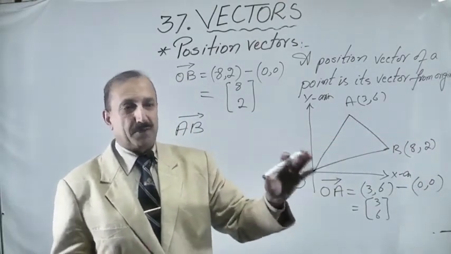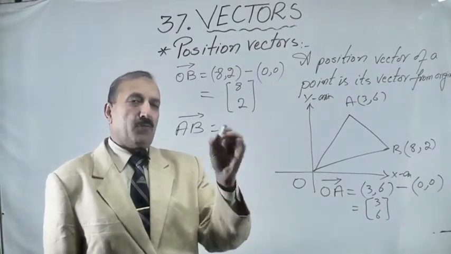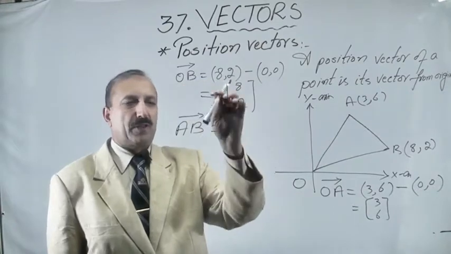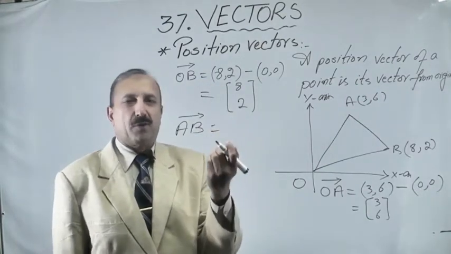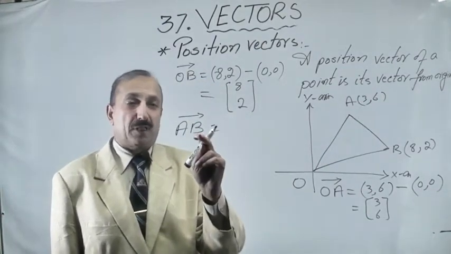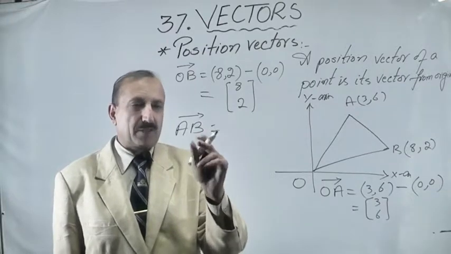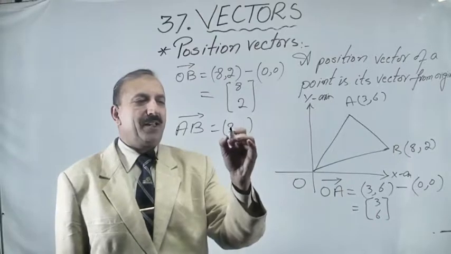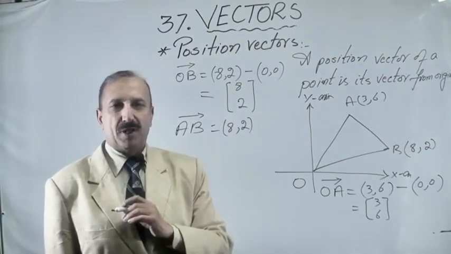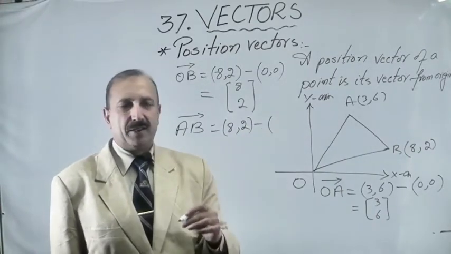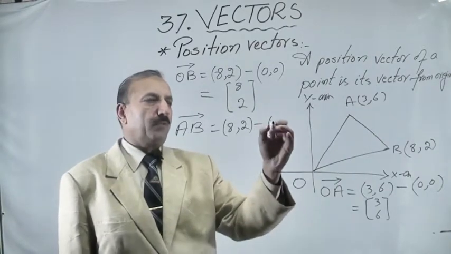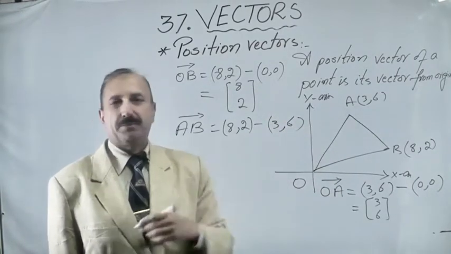Both methods are acceptable, but if you feel it is more convenient, as we have done the process here for the position vector, we should apply the same one. Okay, then the ordered pair for the endpoint of the vector must be written first. Coordinates of B, they are 8 and 2, must be written first, always a negative sign, and then coordinates of point A, they are 3 and 6.